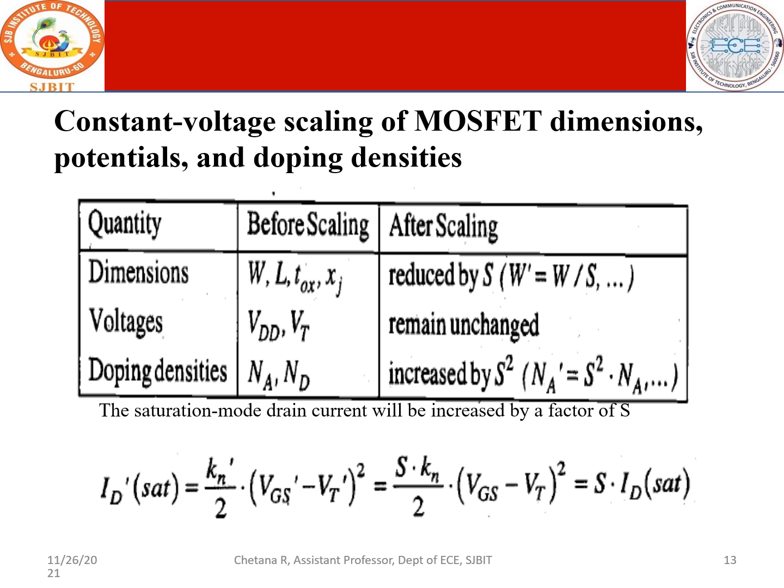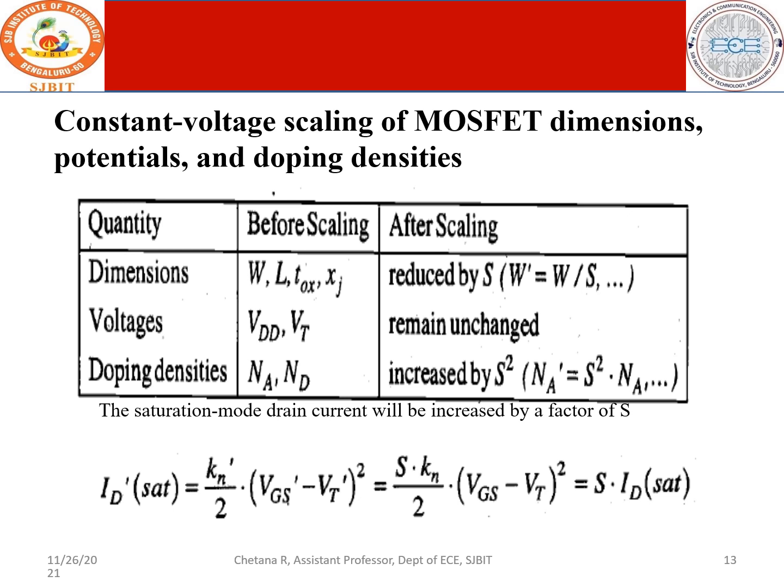So these are the parameters which have to be remembered in terms of constant voltage scaling, and we'll see how exactly the saturation current exists. The saturation current is given by Kn dash by 2 into VGS minus VT dash whole square. So these are not going to change, they remain the same, and transconductance becomes S into Kn. That is the only parameter which has been changed here.